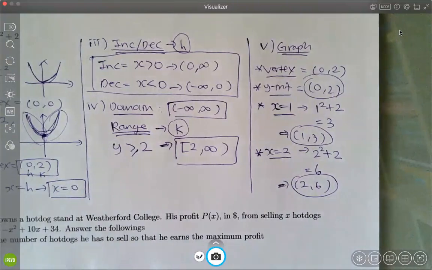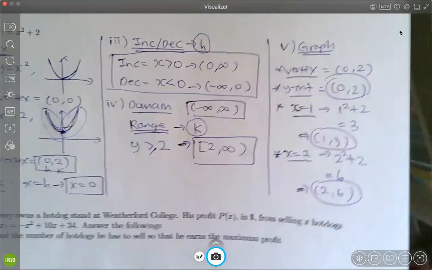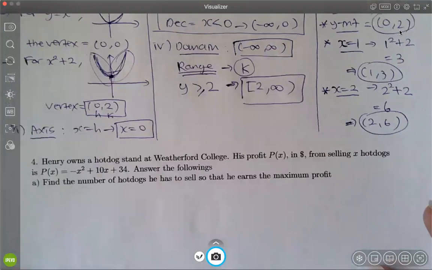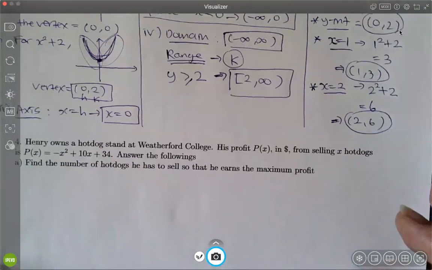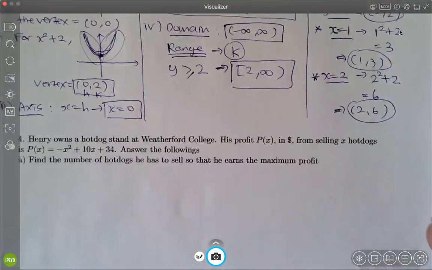And now let's do the only word problem of the section, which is still important. So number 4. Henry owns a hot dog stand at Weatherford College. That's obviously false. I don't own any hot dog stand.